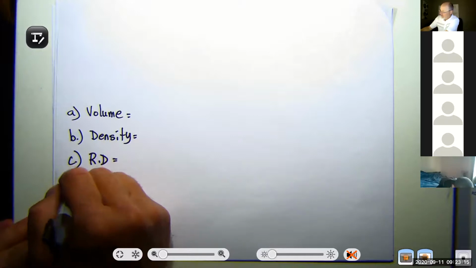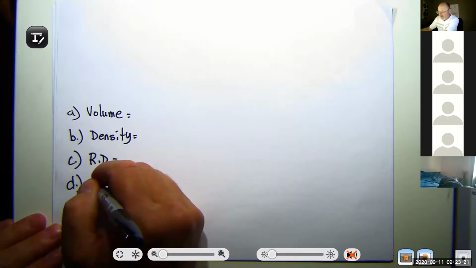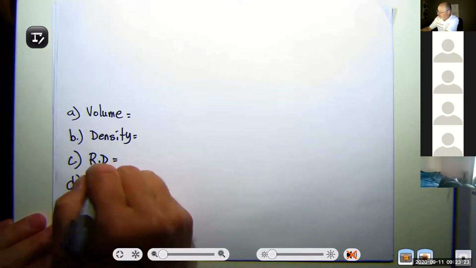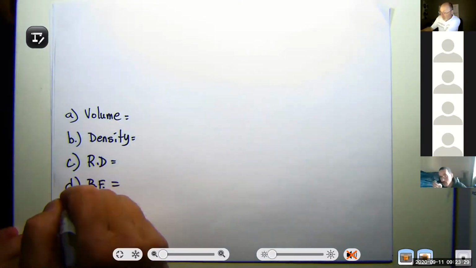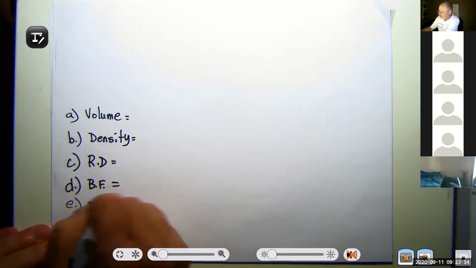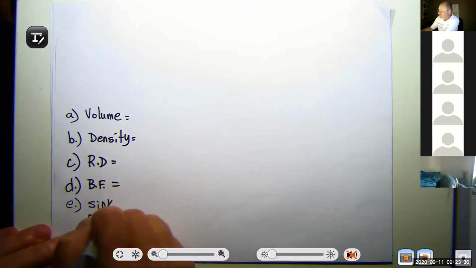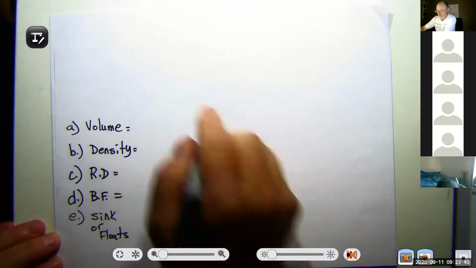D, I want to know the buoyant force. On E, I want to know if it sinks or floats. Now, here's the question.